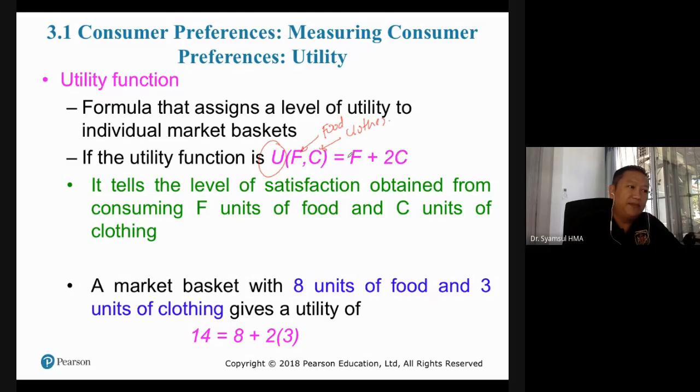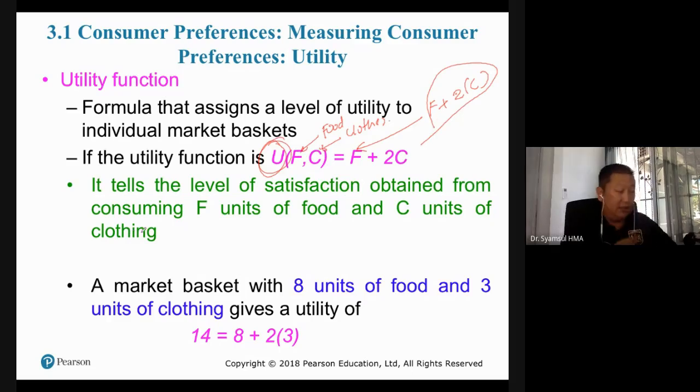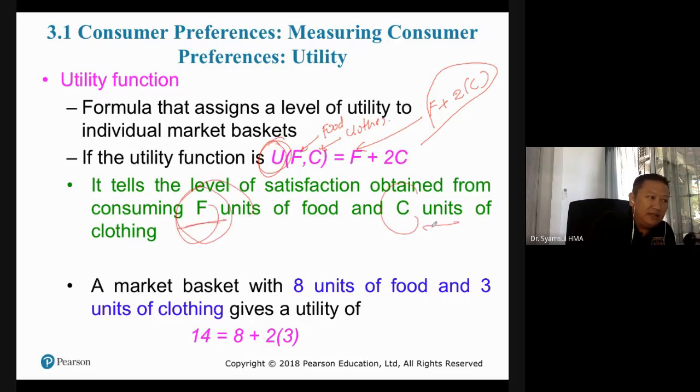In this case, one food with two clothes will give you the utility or the satisfaction. So this is the mathematical function. It tells the level of satisfaction obtained from consuming F units and C units. So in this case, 1 unit of F and 2 units of C.